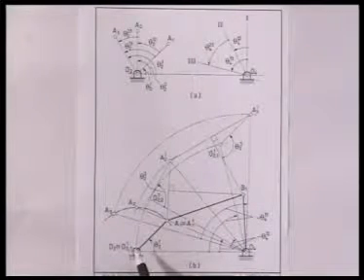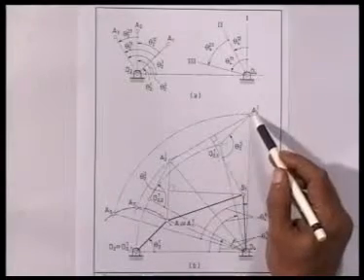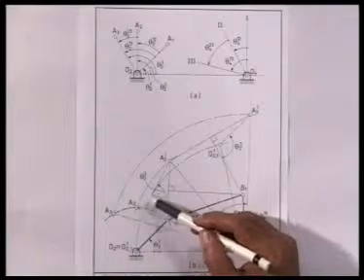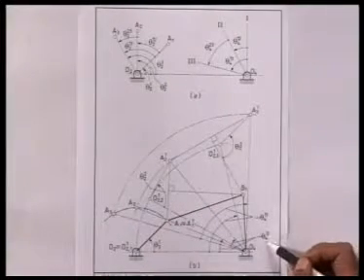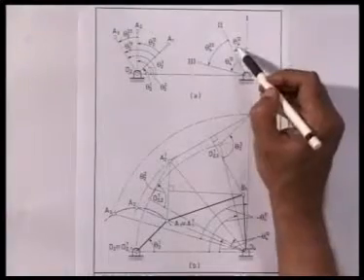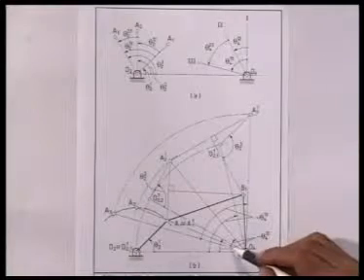To determine B1, what we did, we considered the inverted positions of A2 and A3. We obtained the inverted position by rotating O4 A2 through an angle minus theta 4 1 2. Theta 4 1 2 was counterclockwise, so minus theta 4 1 2 is clockwise.